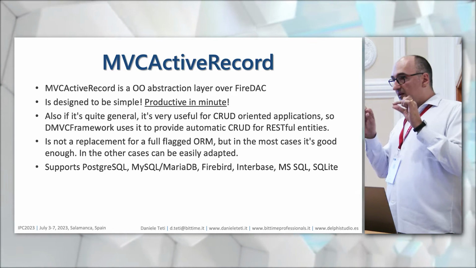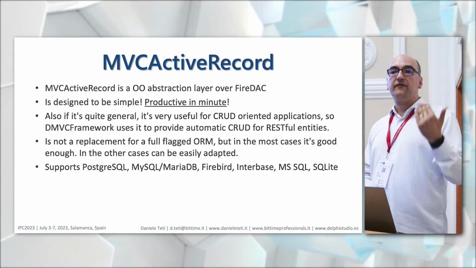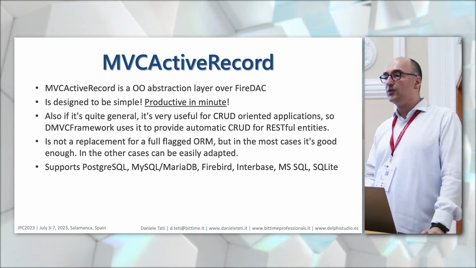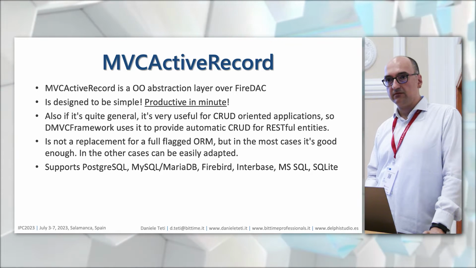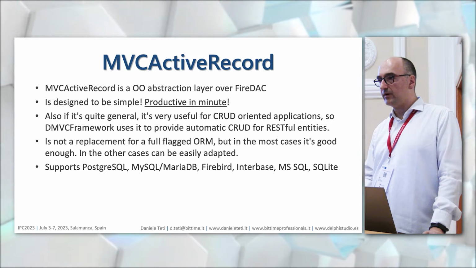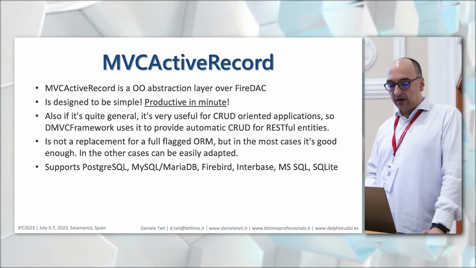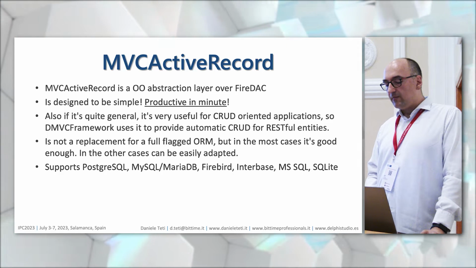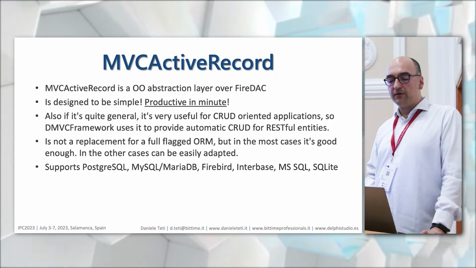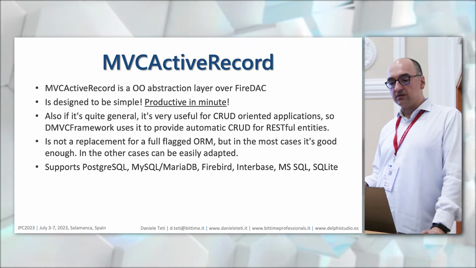So it's a thin object-oriented abstraction layer over FireDAC. It is designed to be simple, just like the whole DMVC framework. And you can be productive in minutes, really. It is quite general, but it is very useful for CRUD-oriented applications.